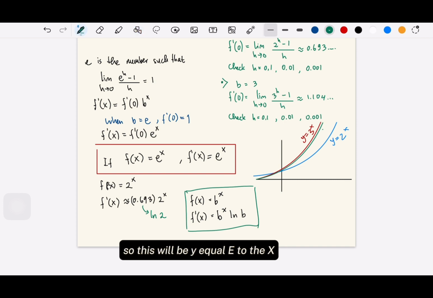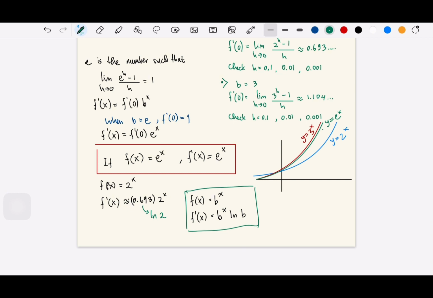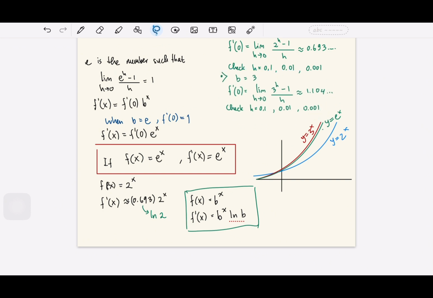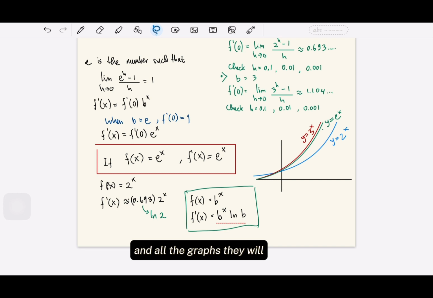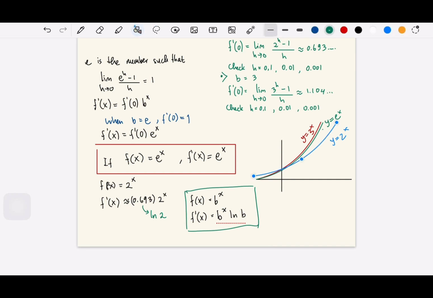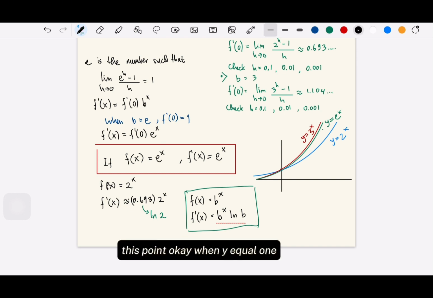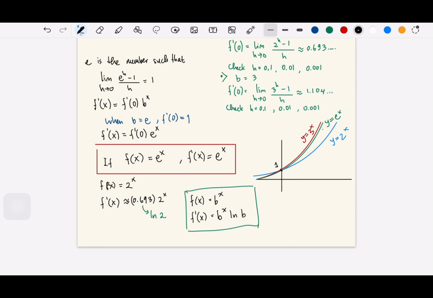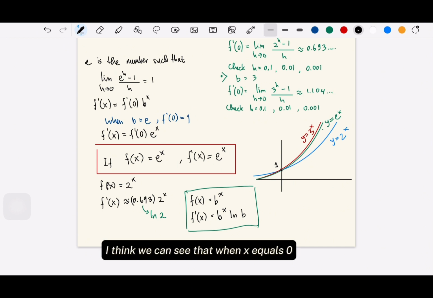So this will be y equal e to the x. And all the graphs will cross this point, okay, when y equals 1. I think we can see that when x equals 0, they are going to be 1, right? With power of 0. So they are going to be 1 here.